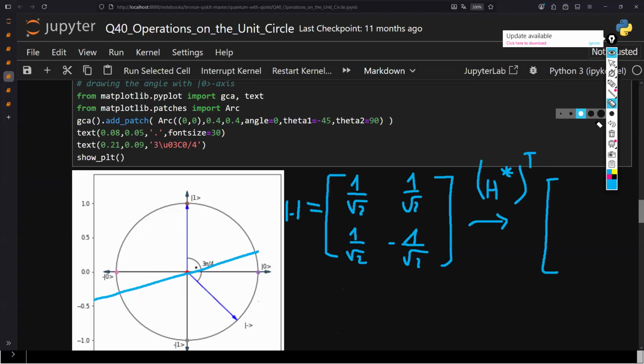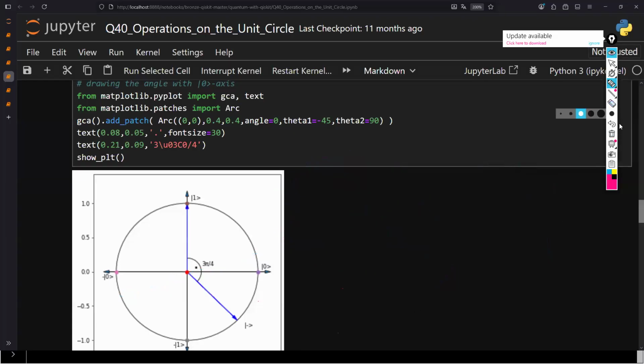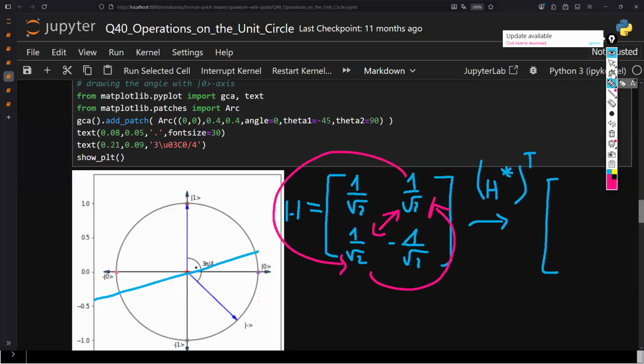And we could see it actually with our bare eyes, because if we transpose, which means we pretty much swap the anti-diagonal components with each other, I have actually removed everything.